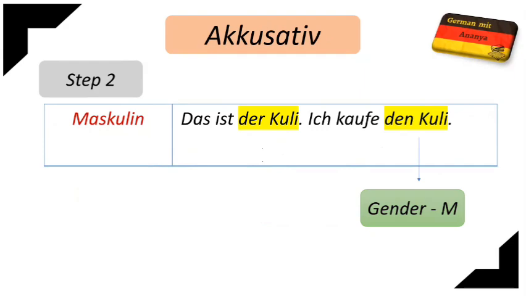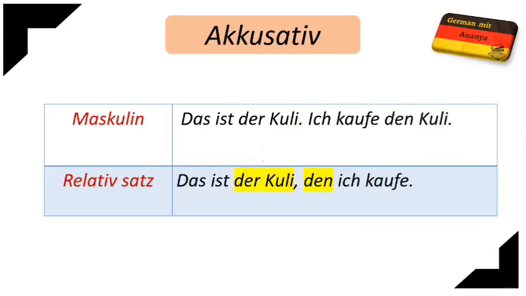Step two is we have to check the gender. Gender of Kuli is masculine. And step three, in this sentence, Kuli is direct object, which means this is accusative. So it will be like: Das ist der Kuli, then comma, den ich kaufe.